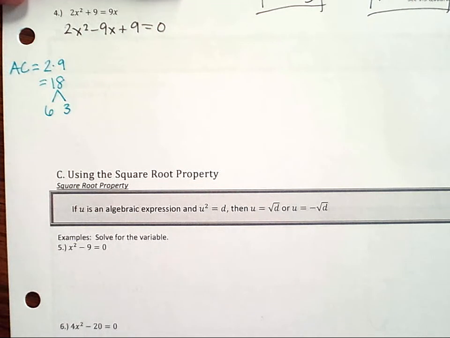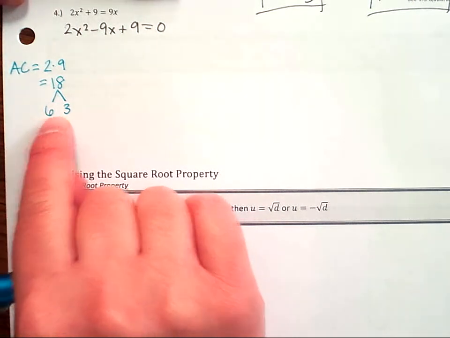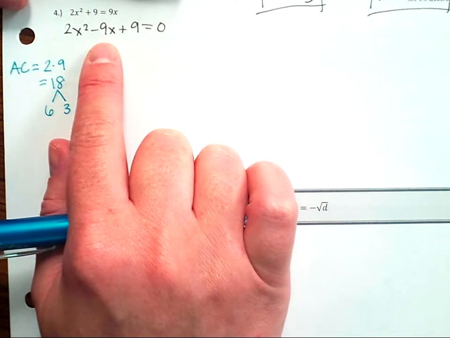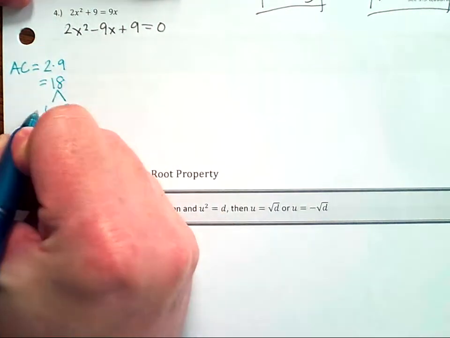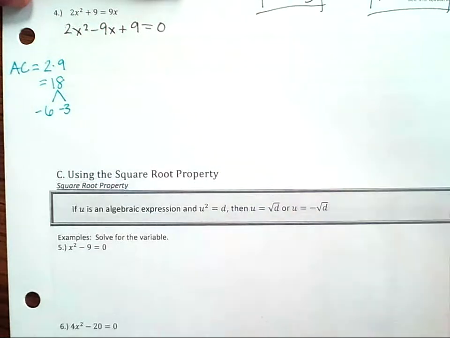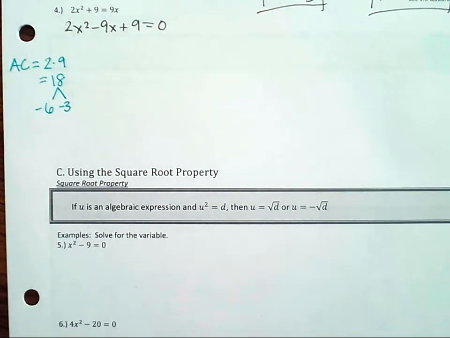Good? So let's check. 6 times 3 is 18. 6 plus 3 is not negative 9, right? Both got to be negative. Good. So both negative, they still multiply to a positive, and then they add to -9. Okay, good. So everybody, keep going.